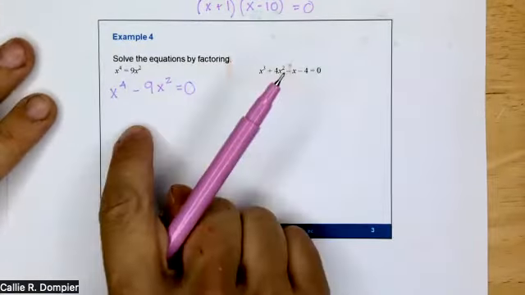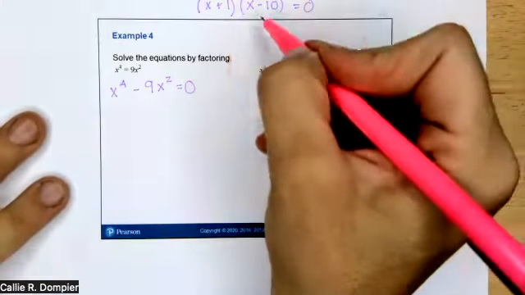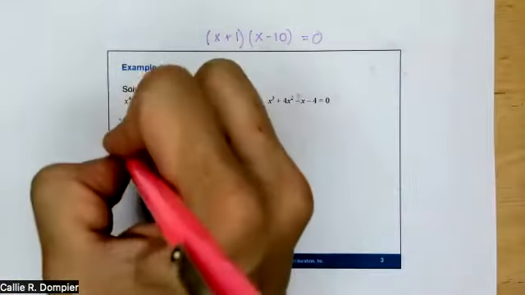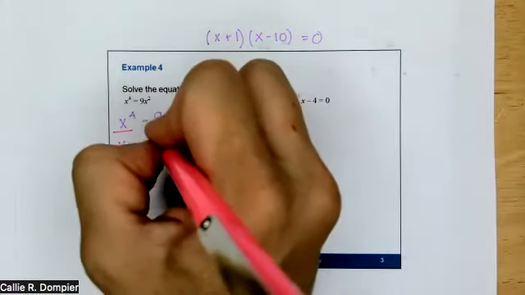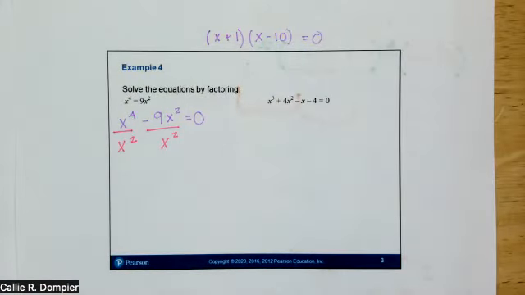Good? Now, how can I factor x to the fourth minus 9x squared? Not like this, right? But I can find a common factor. I can divide both of these by x squared, right?